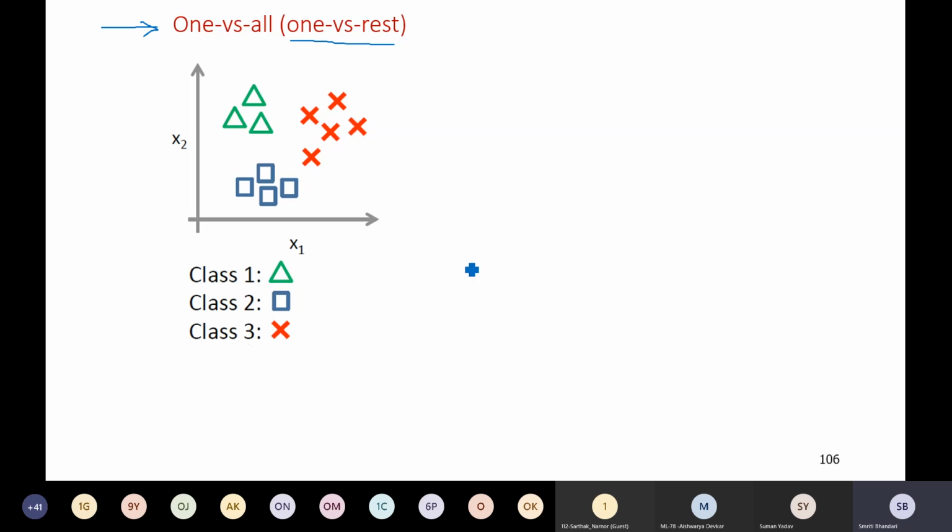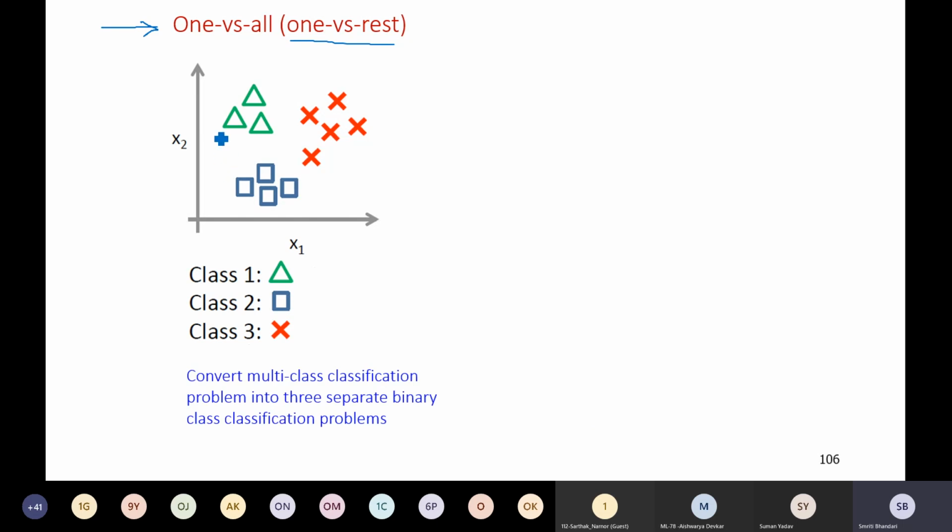Now in 1 versus all, we know logistic regression for binary classification, so we are going to convert this multi-class classification problem into 3 separate binary classification problems.